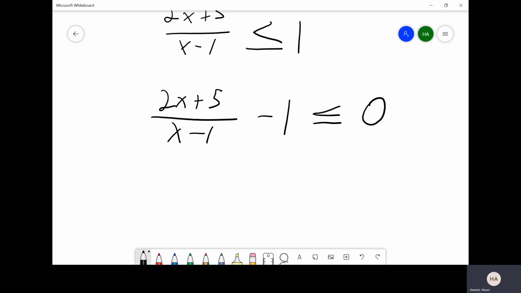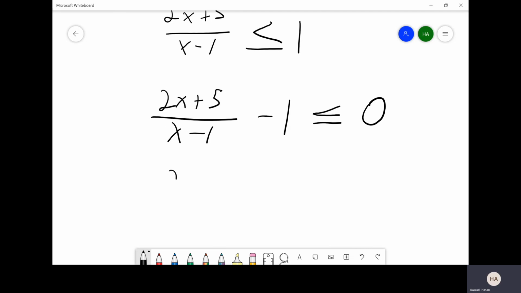And how do we convert 1 to be a fraction? Well, we see that it's -1, right? We have subtraction, so when we convert 1 into a fraction, we're going to be subtracting 2 fractions. So I definitely want to make sure that the denominator of 1 is the same as the denominator of my (2x + 5)/(x - 1), right? That way, when I subtract fractions, I can actually do it, and I don't have to worry about changing denominators.